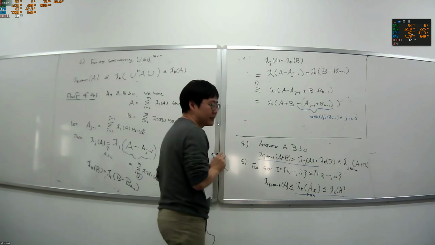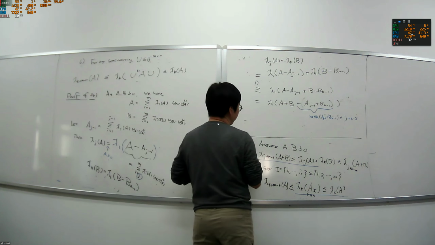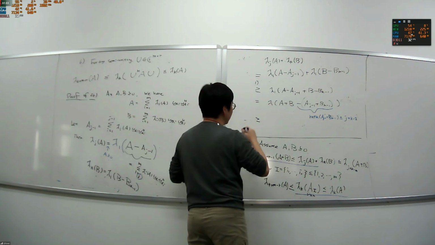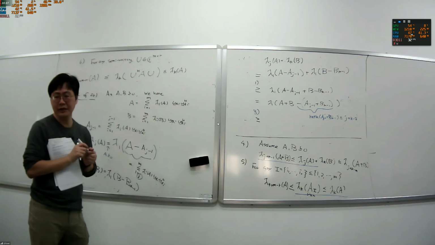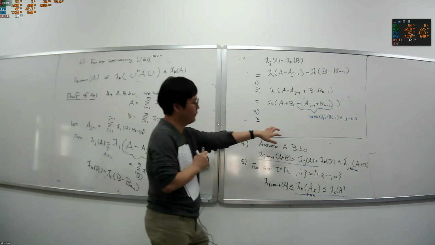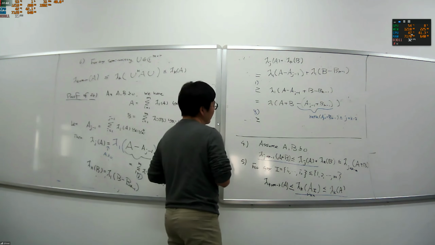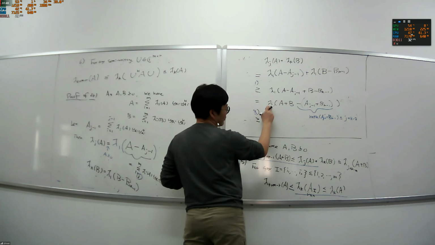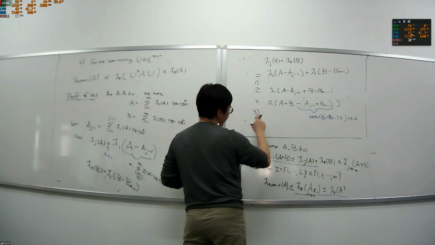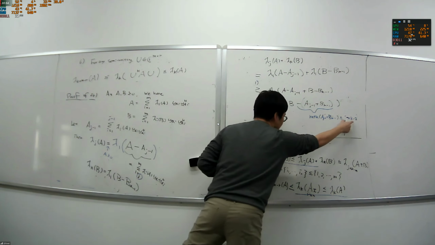Then we apply the third property. The third property tells you that if it's perturbed by a matrix with rank no more than this, then now K is equal to 1, and it will be lower bounded by K plus this number.